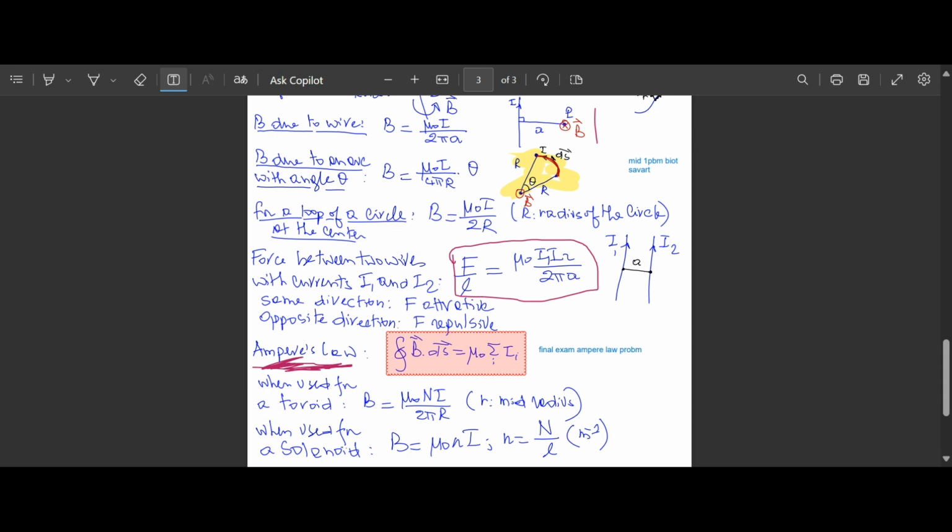So it is the same formula. It is mu0 n I, with n just equal to N over L. What is L? L is 2 pi r, because the length will be the circumference. So it is N over 2 pi r. You see, the same formula almost. So from the solenoid, you can get the toroid if you forgot it. But I think they will give these two formulas in the formula sheet.